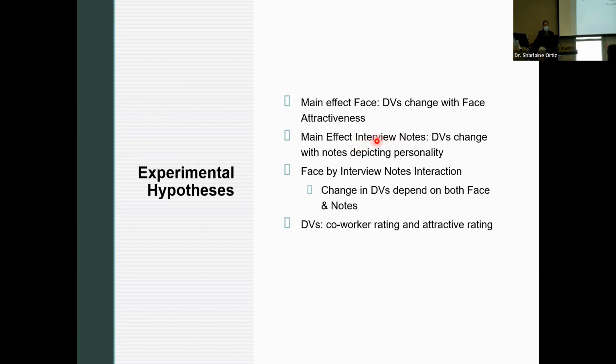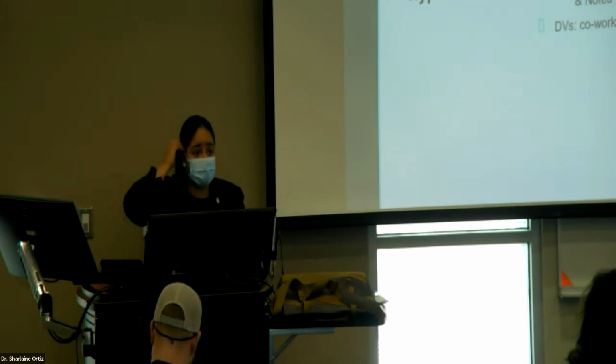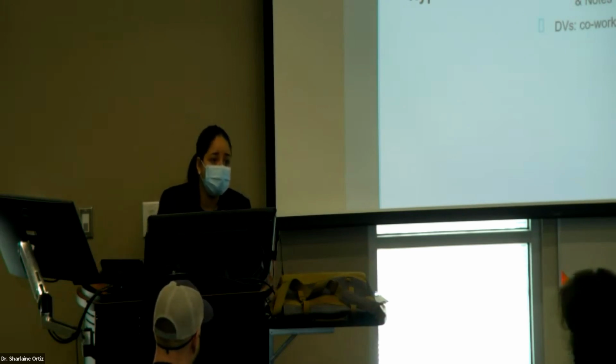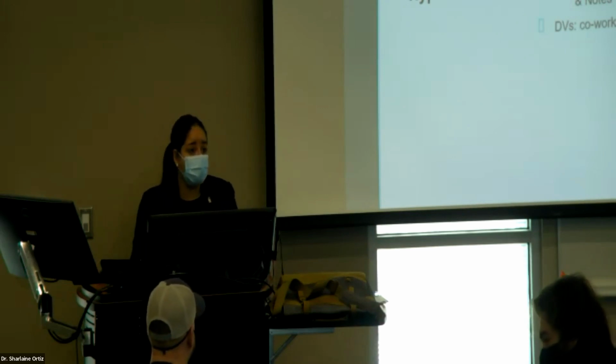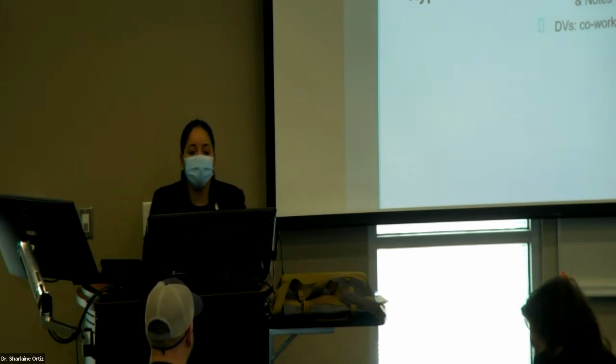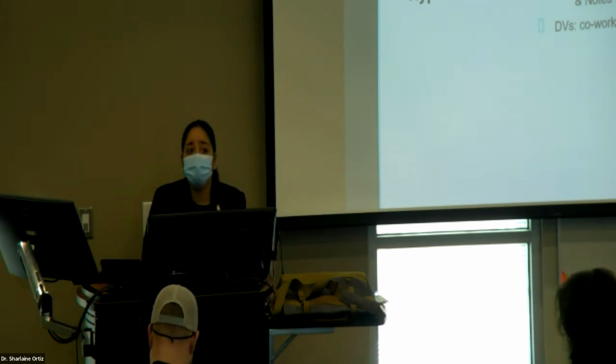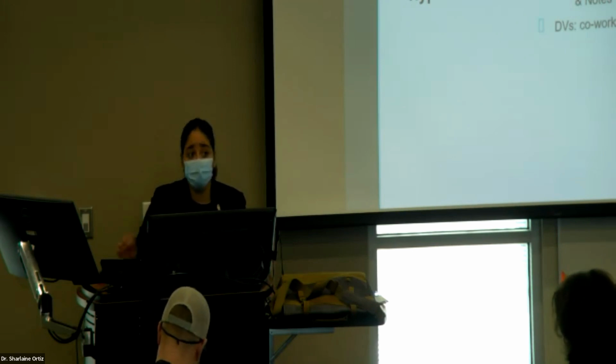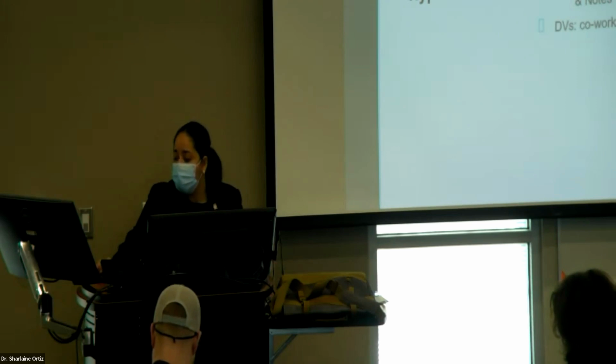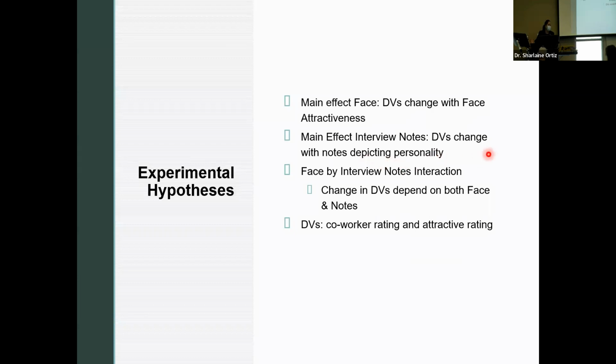As an independent variable, we have the attractiveness of that individual, the face that was presented, and its impact on the interview notes. And as you remember, what they had included in their data for those interview notes was their personality, right? The personality that was gathered.